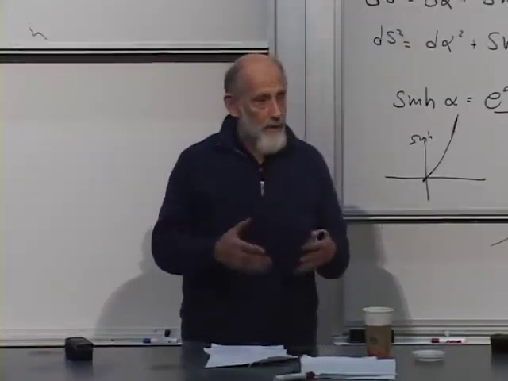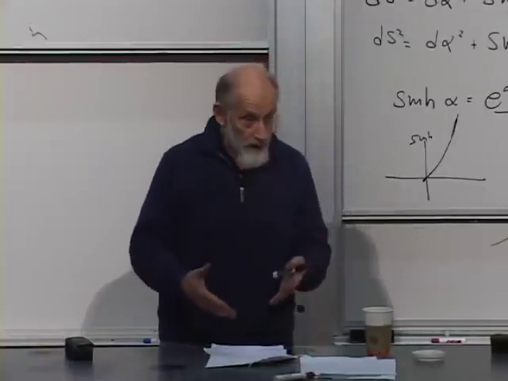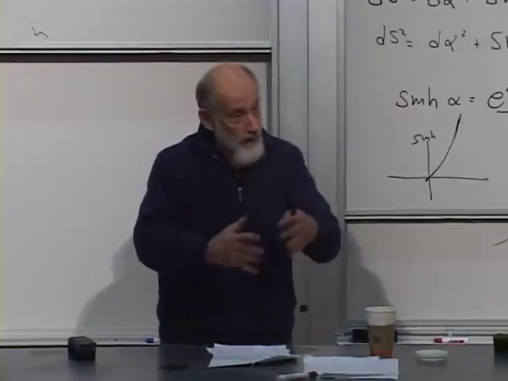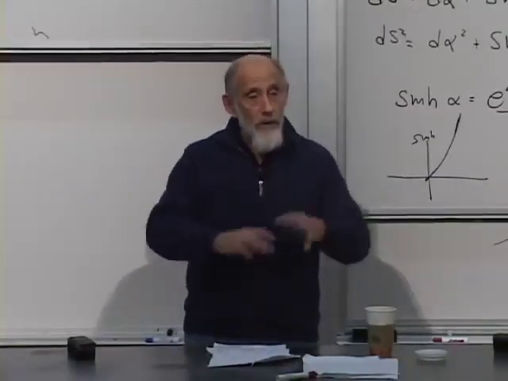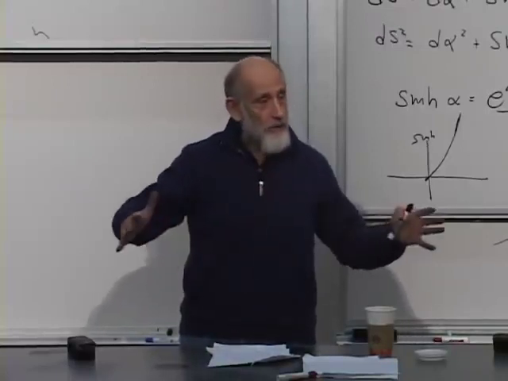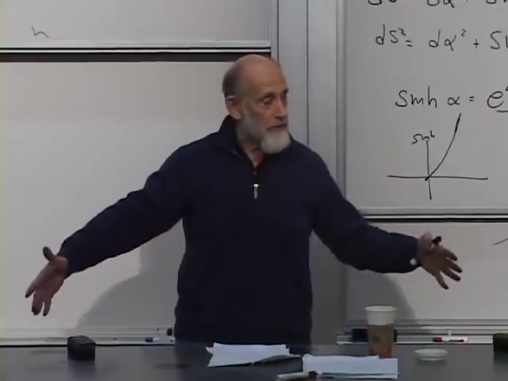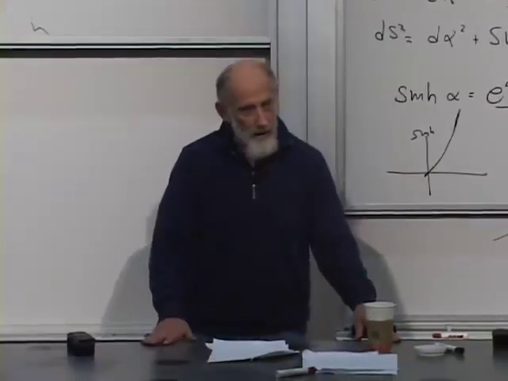If k is +1, sorry, if k is -1, then you're above the escape velocity and the universe just continues to expand. And k equals 0 is the marginal case, the knife edge in between, where it does continue to expand but at an ever decreasing rate. So that's the new thing that general relativity adds into this analysis.